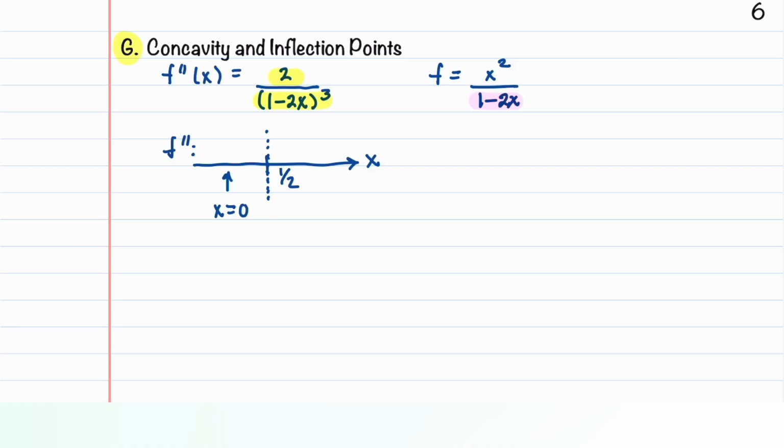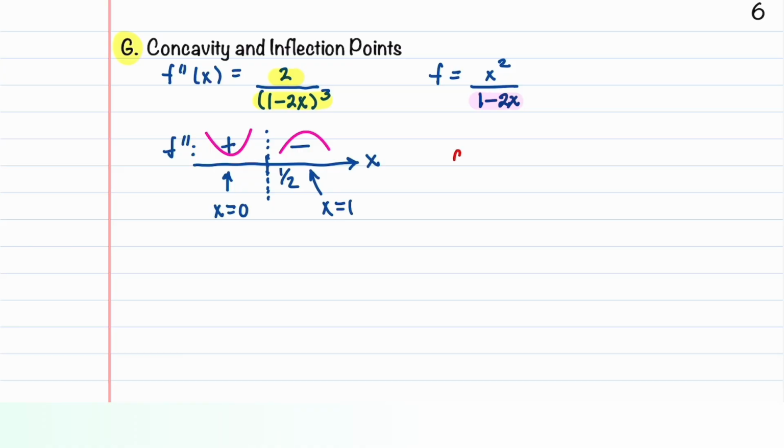It is going to be positive. And then to the right here, we could let x be equal to 1, and f double prime is going to be negative. So this tells us that our graph is concave up to the left of our vertical asymptote and concave down to the right.